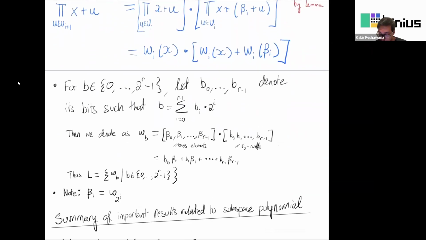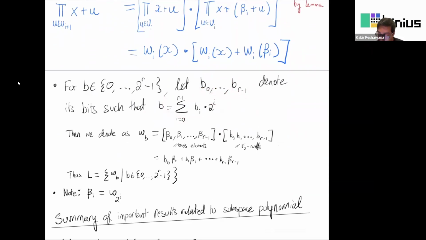Okay, let's fix a little b in the range 0 to 2 to the r minus 1. And let b_i basically be the ith bit of little b, where b0 is going to be the least significant bit, and this one's going to be the most significant bit. Then I can say that b is equal to this. I mean, that's the definition of the bits, the binary representation.